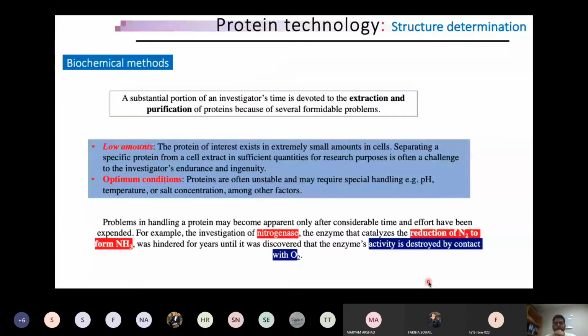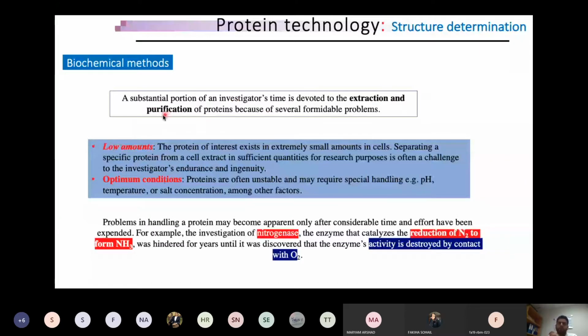A substantial portion of investigators' time is devoted to extraction and purification. Even today, in protein structure determination, much of our effort, resources, and strategy is focused on how you are going to isolate your protein of interest and how you are going to purify it.